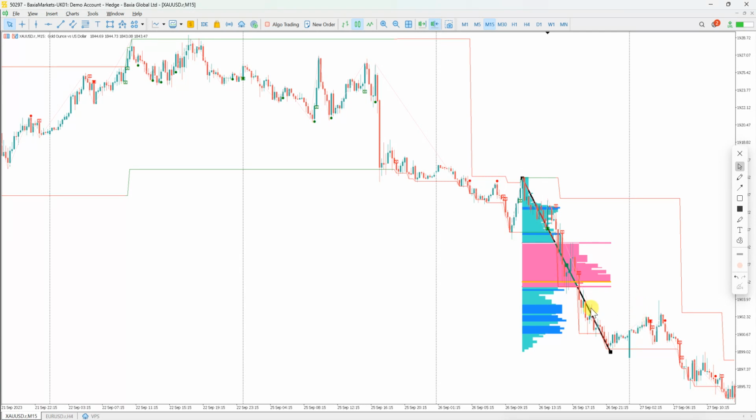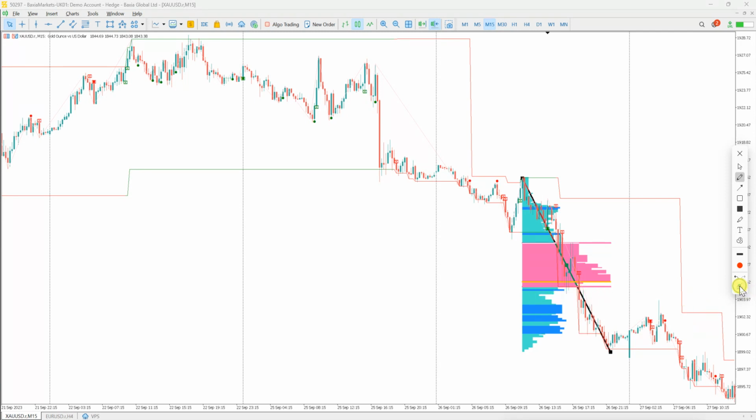Okay, this is a high value node, right? Here. This high value node. The price went above it, grabbed liquidity over here, right?